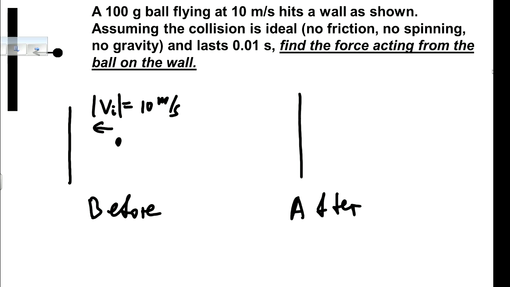This is the same wall. This is the same ball. How should I draw the velocity now? Opposite. Now, final. What number should I write for the magnitude of this velocity now? Same. That's what this word ideal means. In reality, of course, it could have been different due to friction or something else. But ideal means it just bounces back.